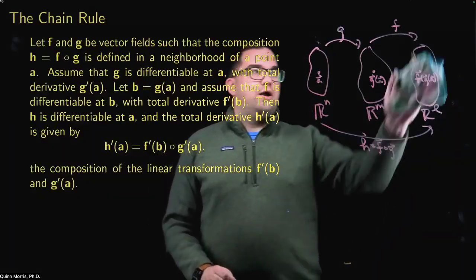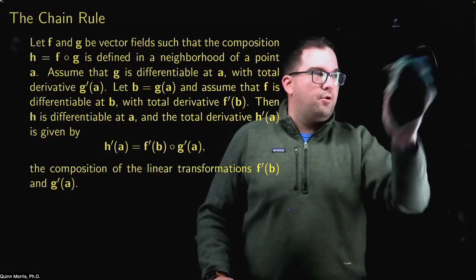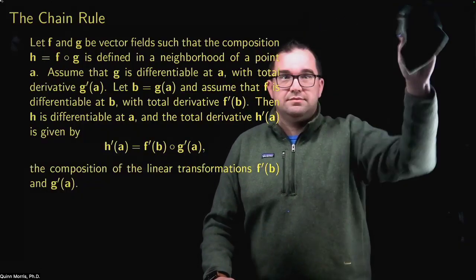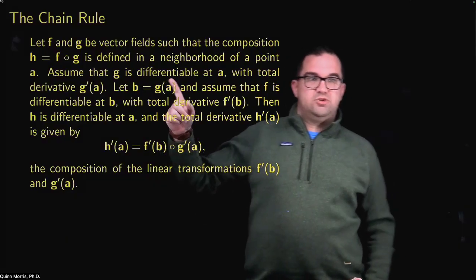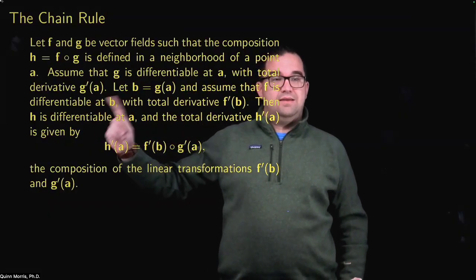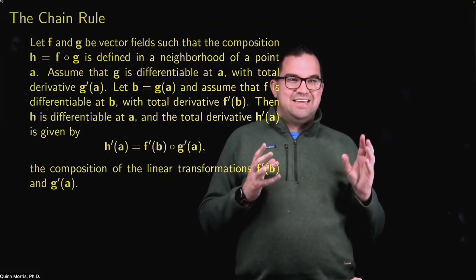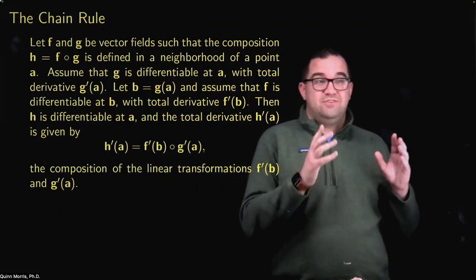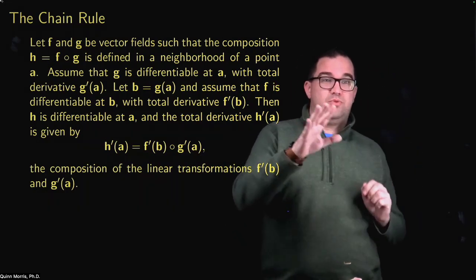Okay. All right, now we get to the real assumption. Assuming everything is set up appropriately so that these functions make sense, if we assume that G is differentiable at A with total derivative G prime of A, so notice here, instead of writing T sub A, that T notation is not good when you have different functions because it gives you no way of telling which T goes with which function.